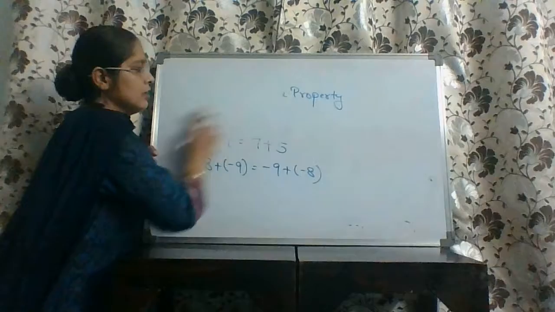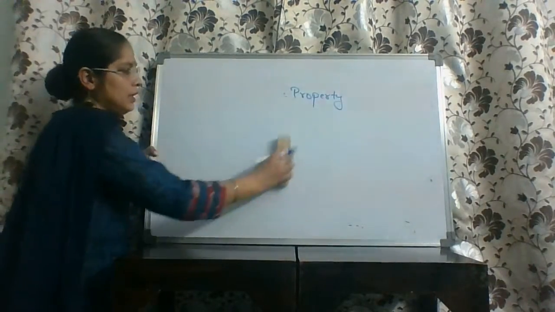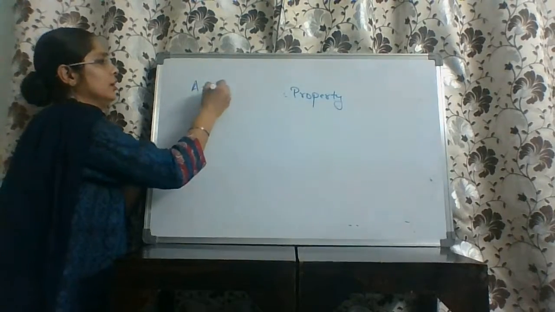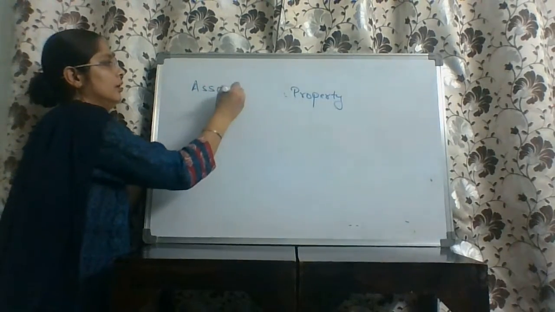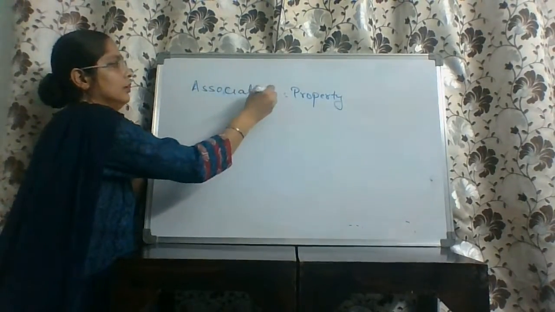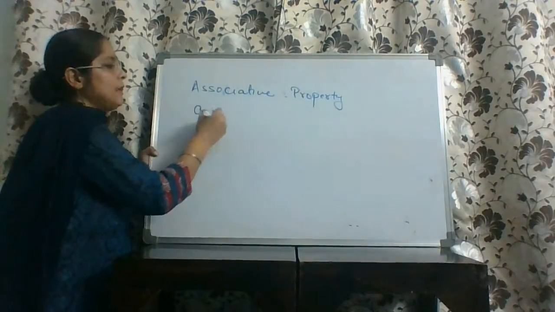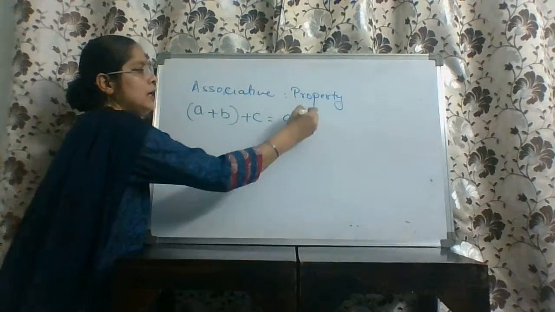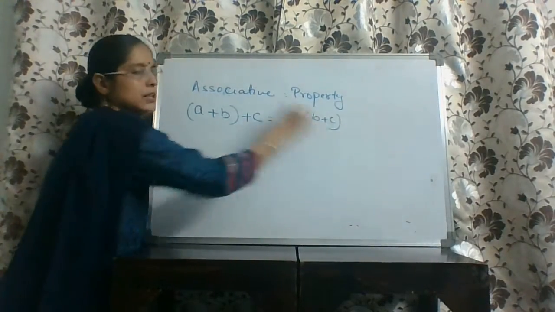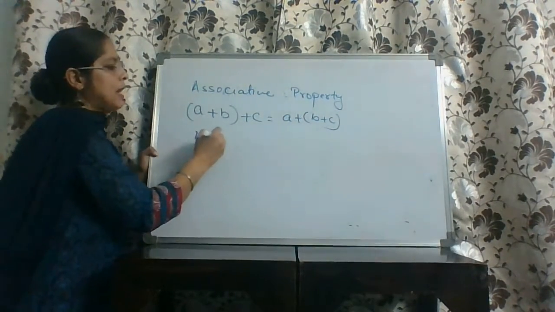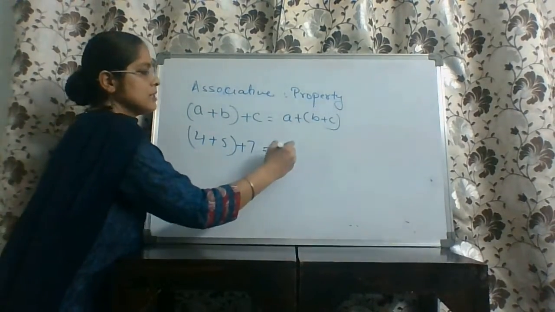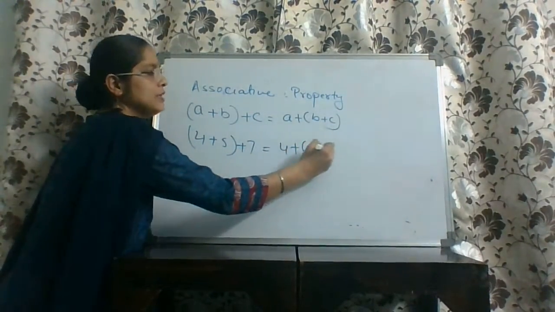Now let us talk about the third property, that is associative property. This is (a plus b) plus c equal to a plus (b plus c). (4 plus 5) plus 7 is same as 4 plus (5 plus 7).